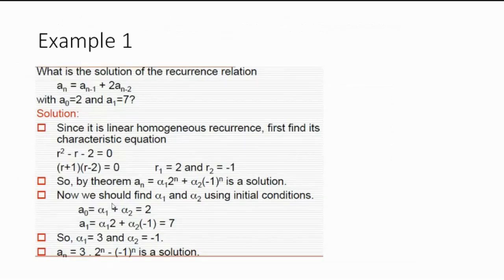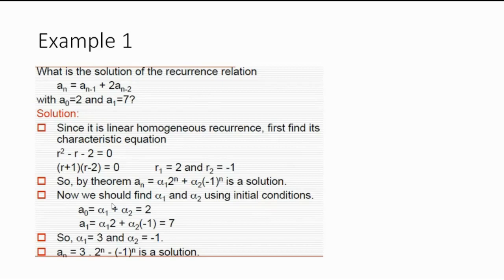So what is the solution of the recurrence relation a_n equal to a_(n-1) plus 2 a_(n-2)? What could be the characteristic equation? How many terms here? 2 terms. r square minus r minus 2.